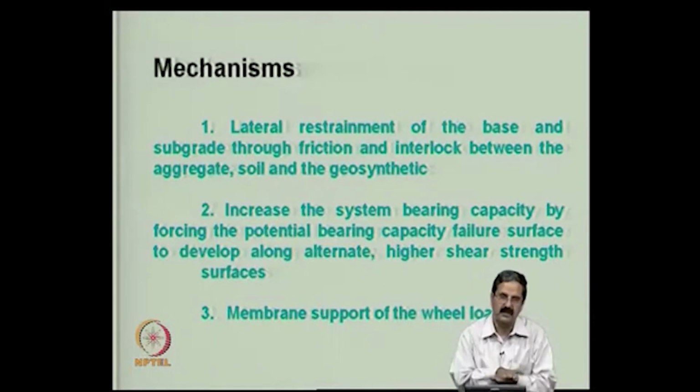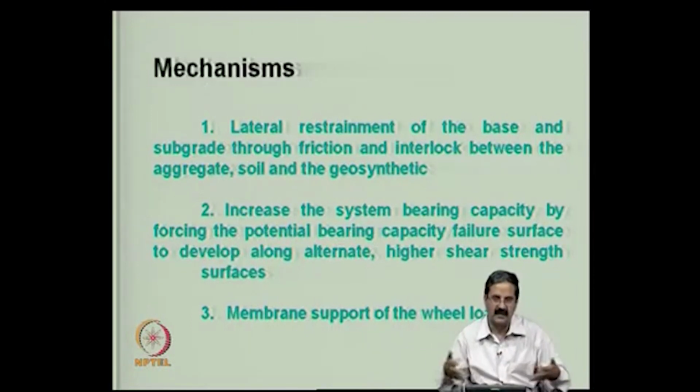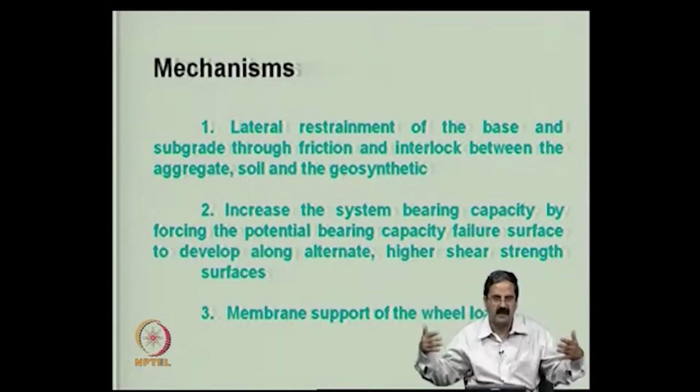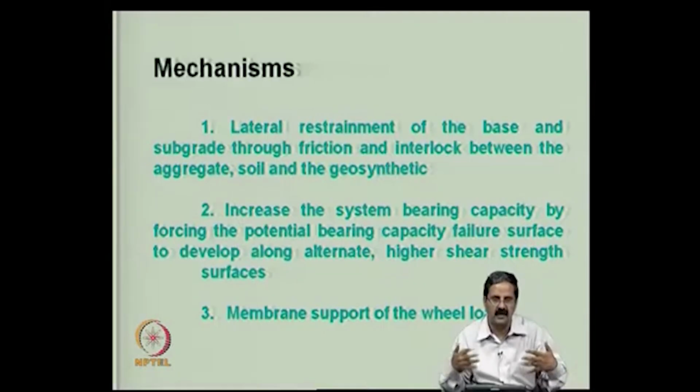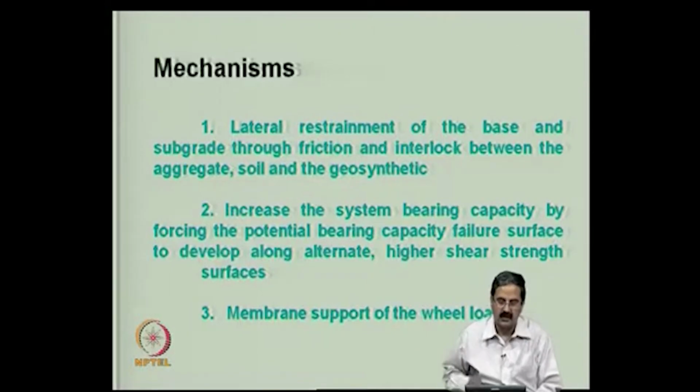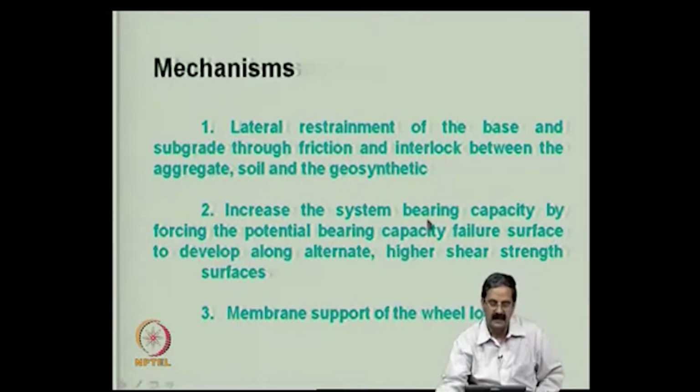Because of the interaction between the geogrid, aggregate and soil, there is some inward lateral restrainment, because of which there is a confinement effect in the opposite direction. The load is applied, but the force is in the opposite direction, and so it performs better than a conventional pavement system.